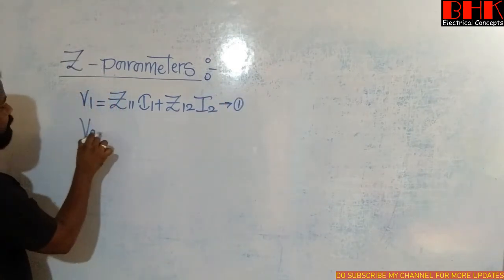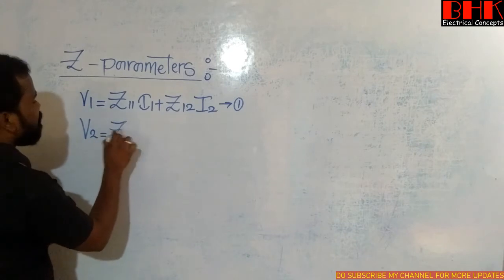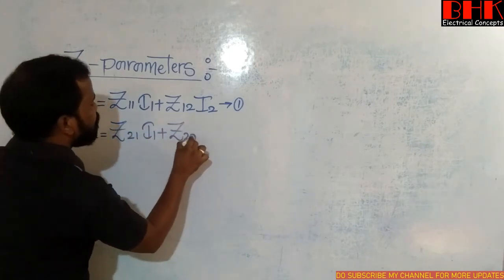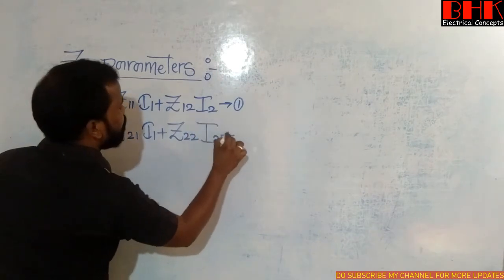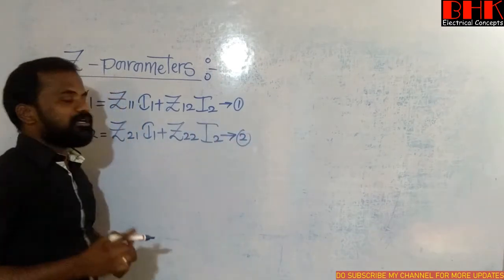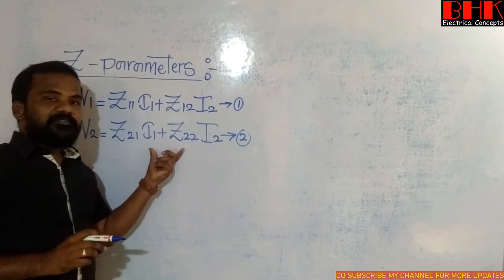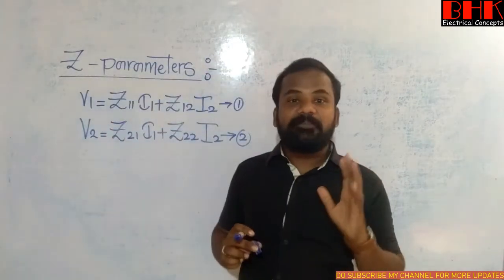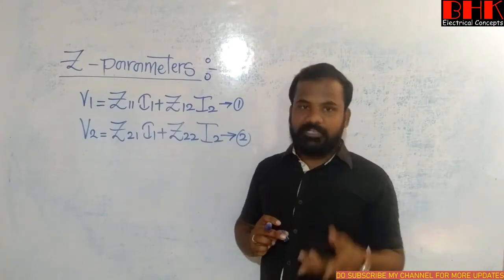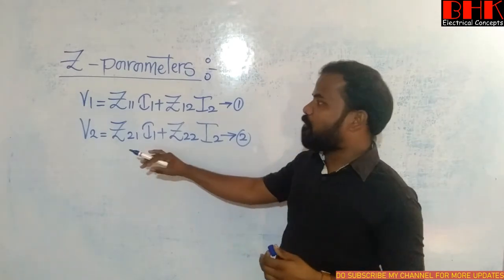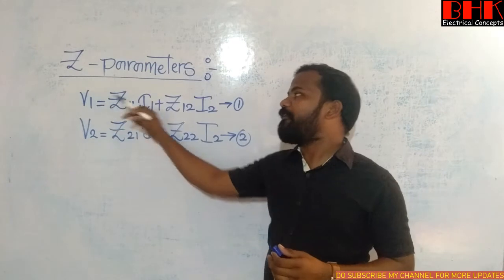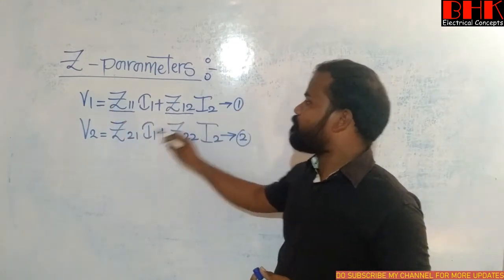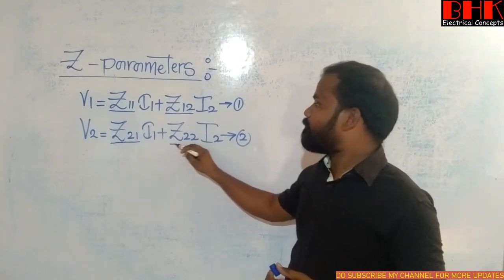And the second equation, V2 is equal to Z21 I1 plus Z22 I2. This is equation number 2. Clear? With the help of these two equations, we are going to find the unknown impedance parameters from the two-port network.